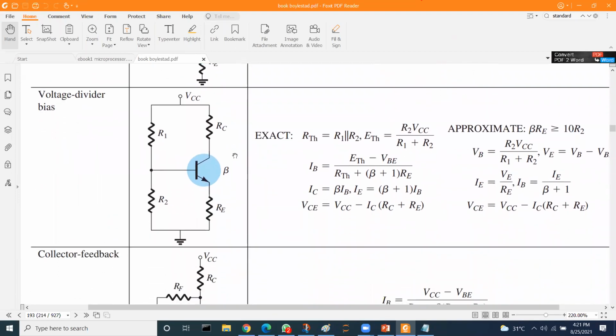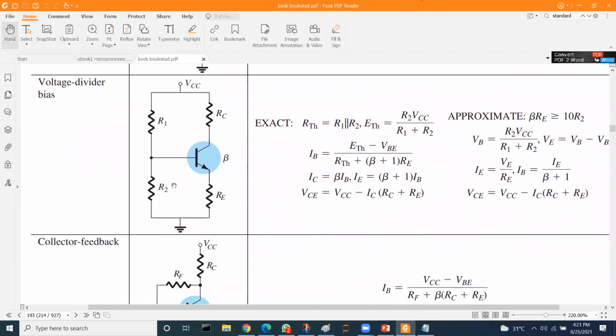And here the circuit has stability and a control on the input side of the circuit. So these things are added in the fixed bias to get what is called the voltage divider bias, which is a mostly used circuit when we talk about electronic devices and circuits.